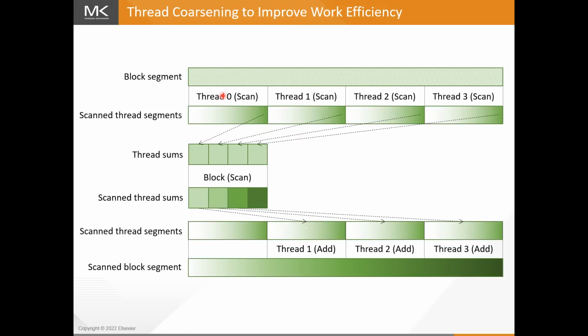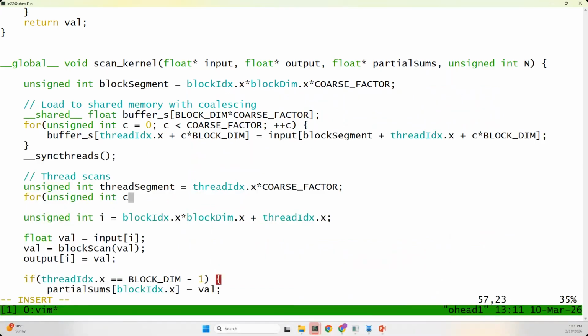Just the coarsening factor. But element 0 is already what it needs to be, so I'm going to start from element 1 and start adding the elements before. So for unsigned int c equals 1, c is less than the coarsening factor, c plus plus.